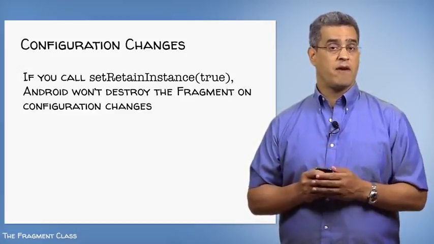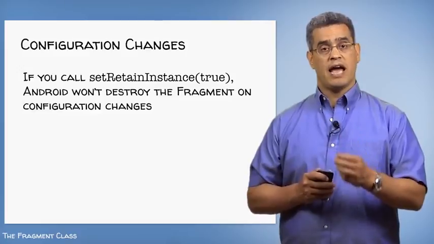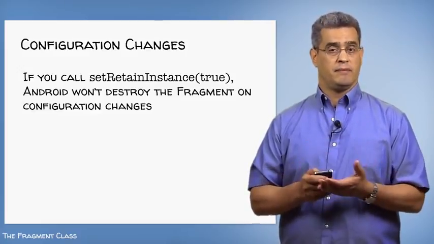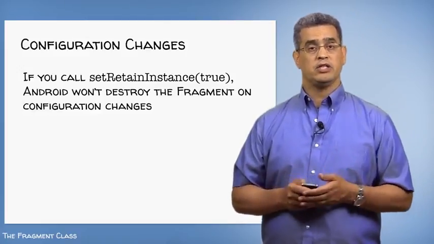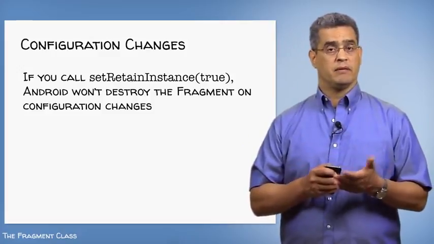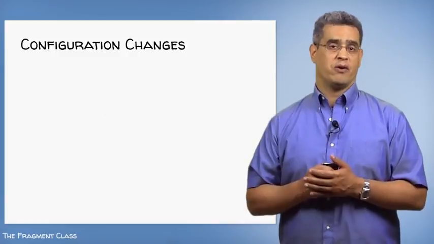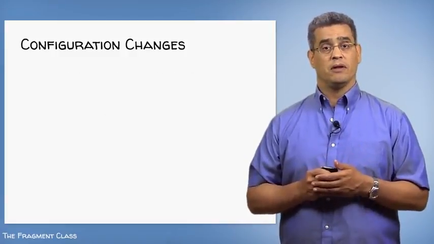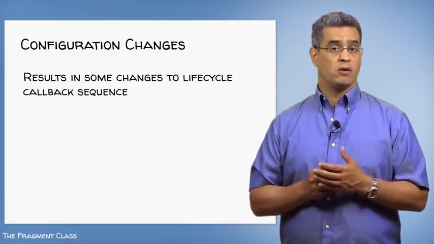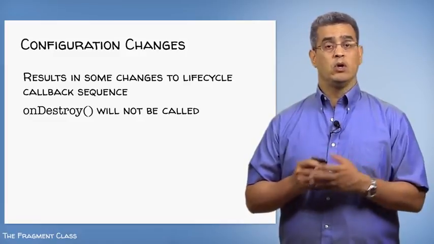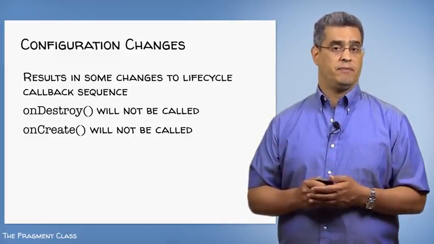Instead, it will save that fragment state and detach the fragment from the activity. And in addition, it won't destroy that fragment, and so it won't recreate it later when the hosting activity is recreated. As a result, the fragment will not receive calls to its onDestroy method nor to its onCreate method.